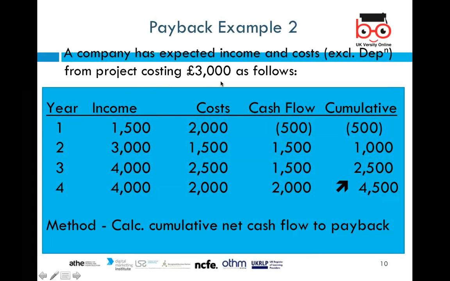We are not considering depreciation here. From a project costing £3,000, the income from the first year is 1,500 and costs 2,000, and the cash flow is coming in 500 negative, and then cumulative cash flow is negative 500. So these are the cash inflows.